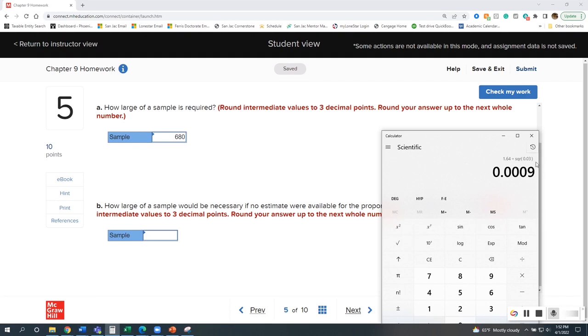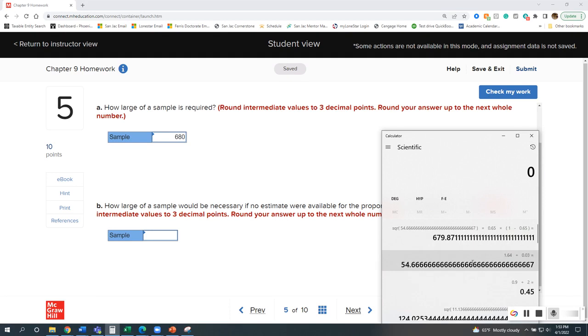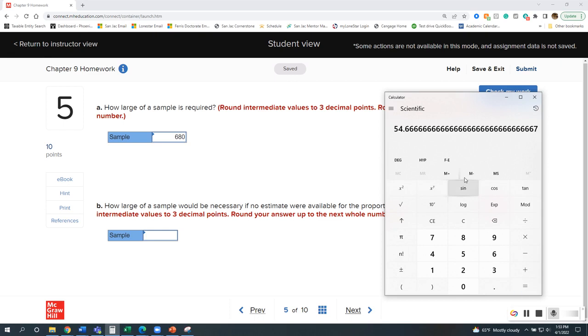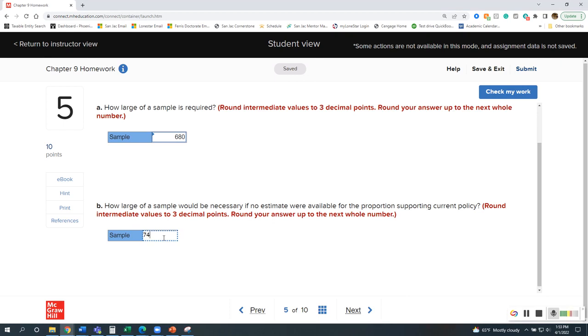Oh, it squared the whole thing. Let's clear it. Go back to history. This one. Okay. Square it, and now we times it by 0.5, and another 0.5, ends up being 748. Okay, using the calculator does help.